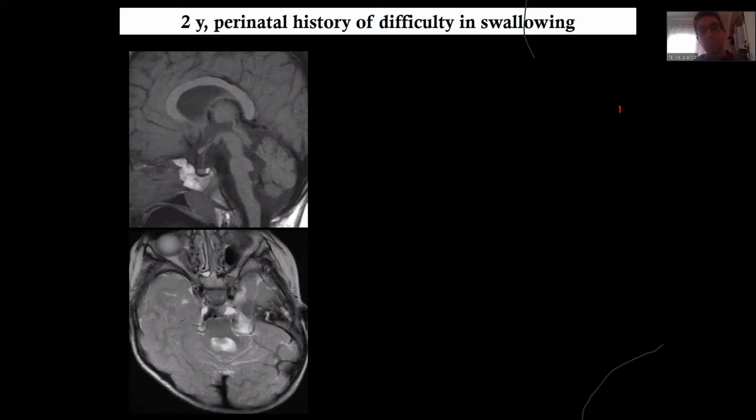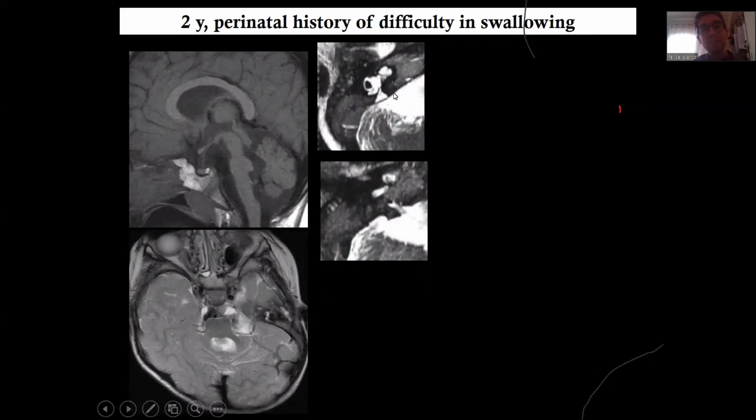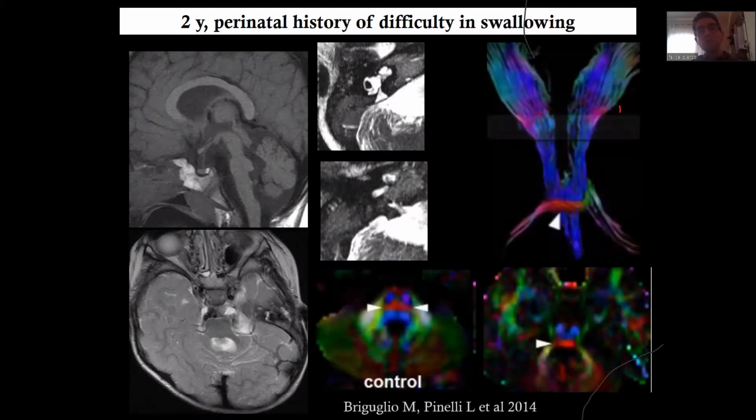And if we look at the inner ear, you see that there is this strange shape of the inner ear with dilatation of the vestibular aqueduct and cochlear hypoplasia. So you have abnormal pons, but this abnormality of the pons with flattening anteriorly and protrusion posteriorly is again extremely specific. And if we do color mapping DTI, this is very, very important.